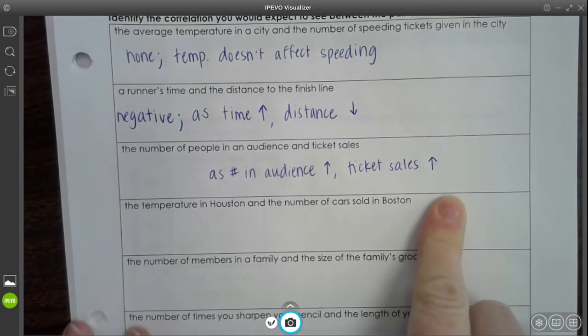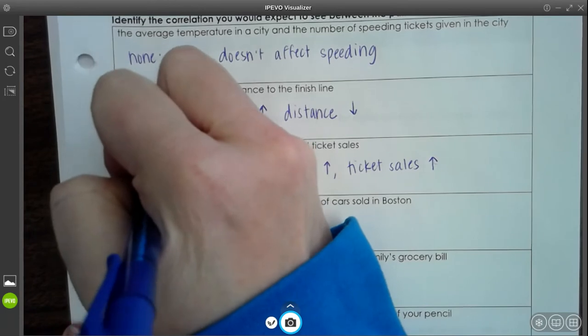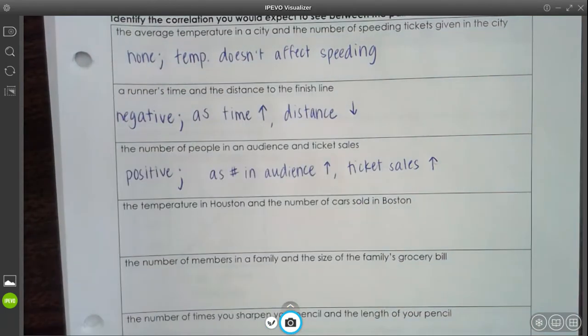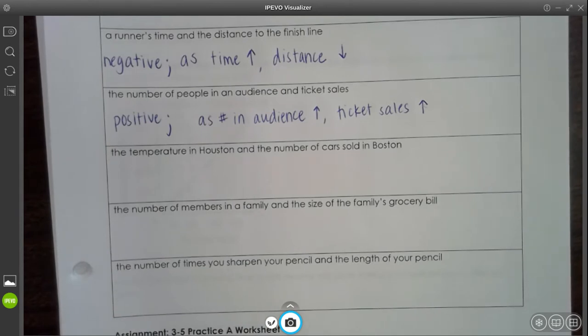So when both of them go up, that's going to be a positive correlation.